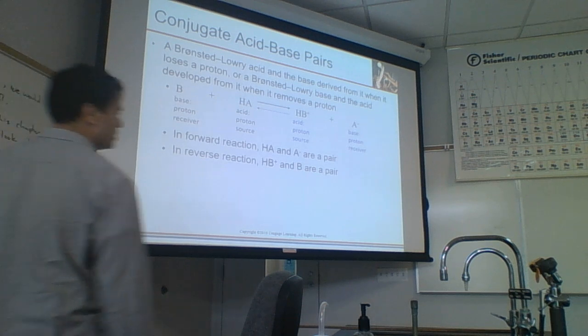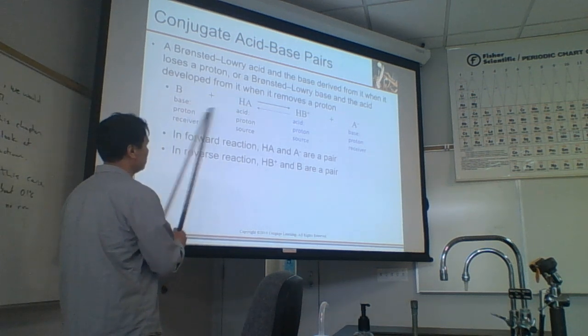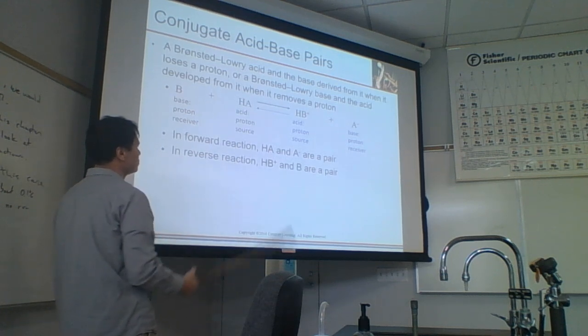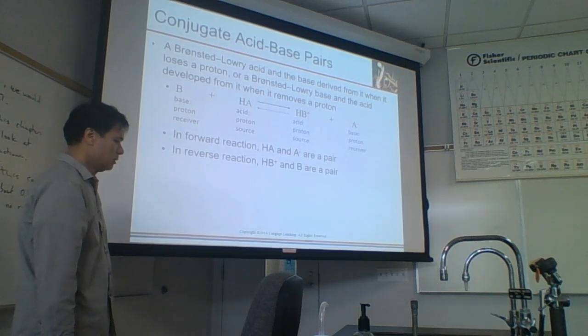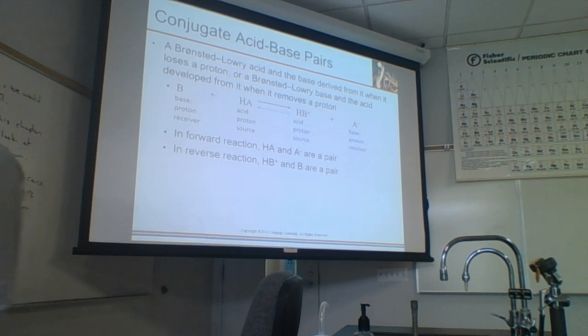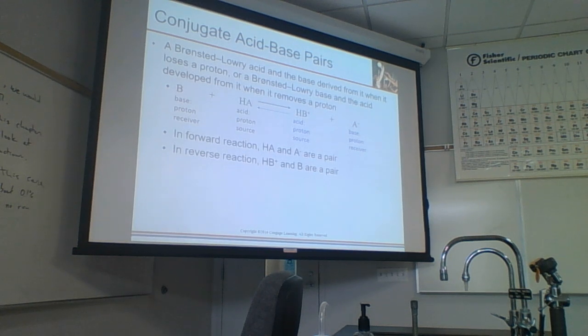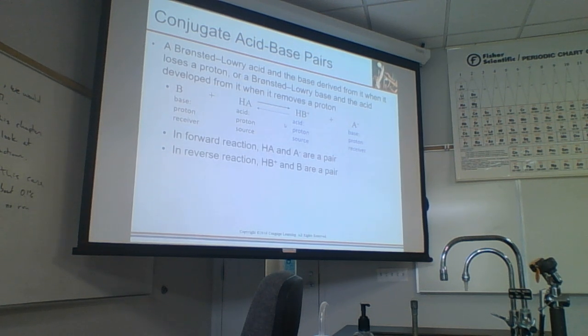And so we've been doing this. We've been doing the conjugates a lot, assigning the acid and base going in the reverse direction, so we get conjugate pairs. Well, we also looked at the acid-base chart for conjugate pairs. So when we're looking at driving forces, we have to assign the acid and the base on both sides. You can see the pairs here, like for example, HA and A minus are a pair, B and HB plus are a pair.